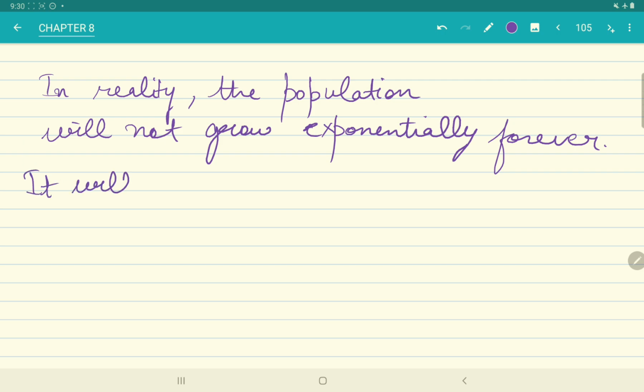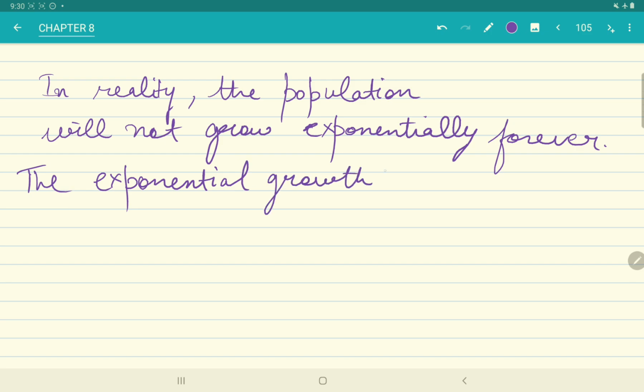It will, or in other words, I can write that the exponential growth can go on only for a limited time.